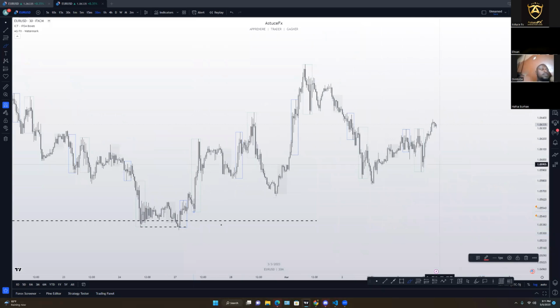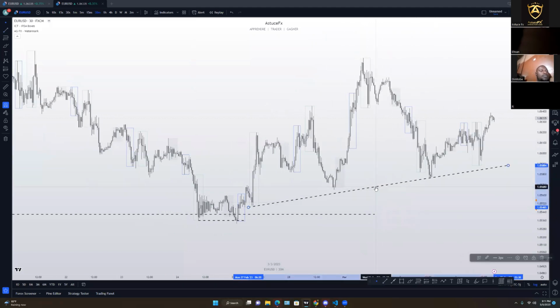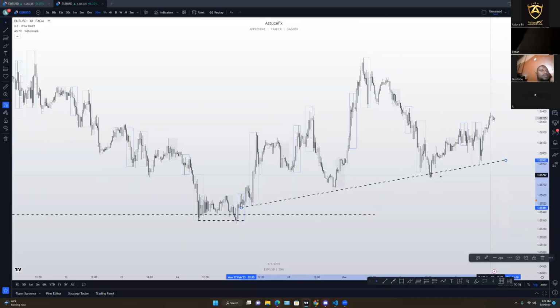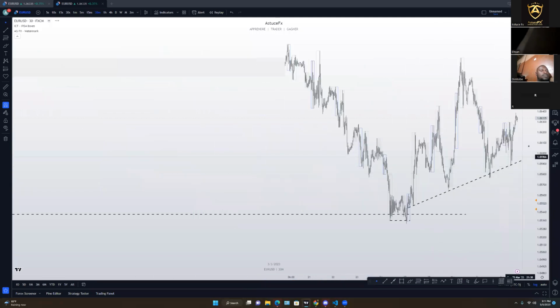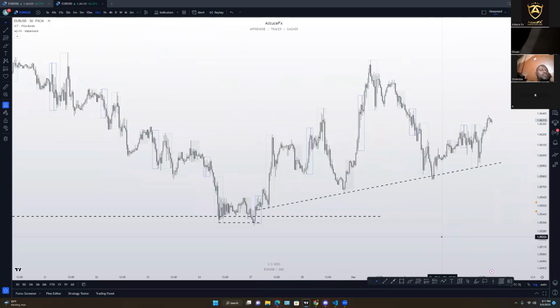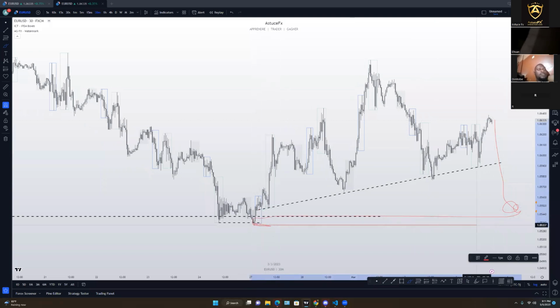If you take from this to this, it's not really a clean trend line, but if I put it that way, yeah, there's some sort of fake out here, but you can see it's clearly a trend line. So what might happen, I'm not sure yet, is price can sell, take out the trend line, maybe mitigating this last candle that took the liquidity before the new buy setup to the upside. This might happen as well.